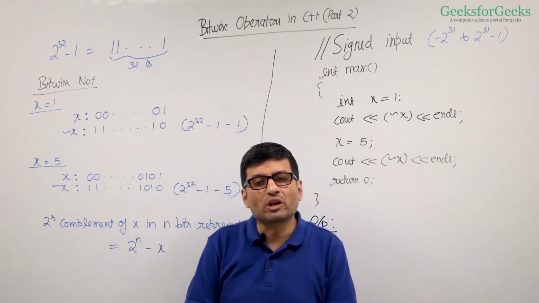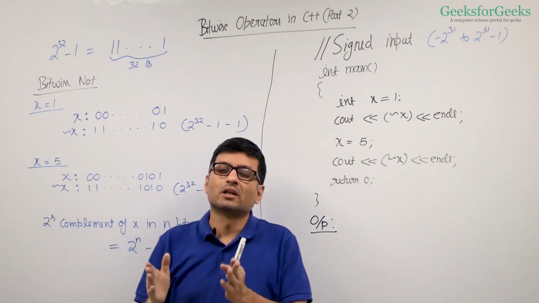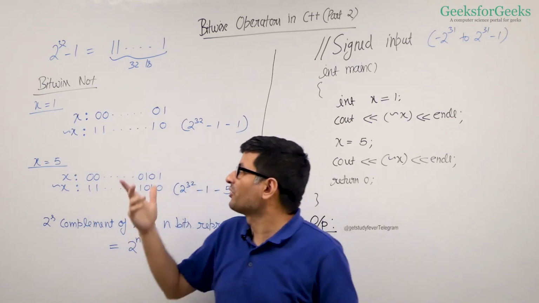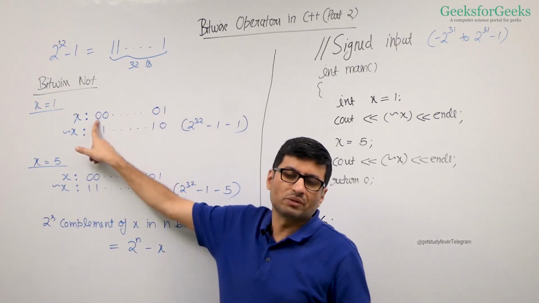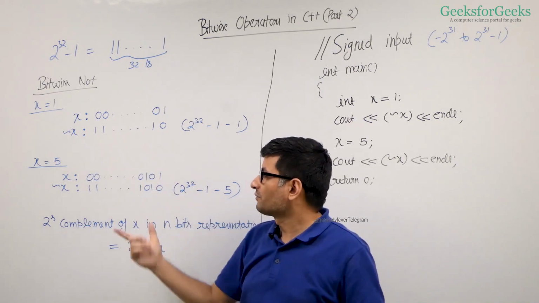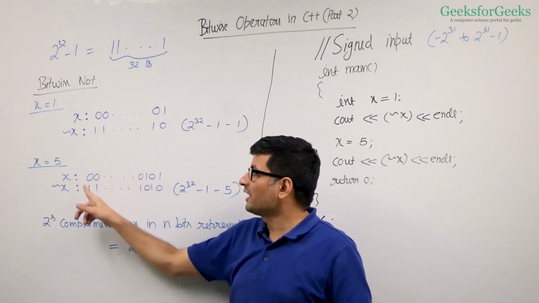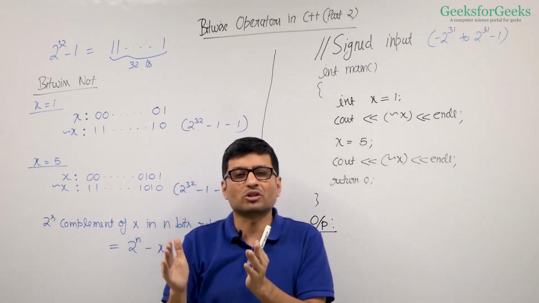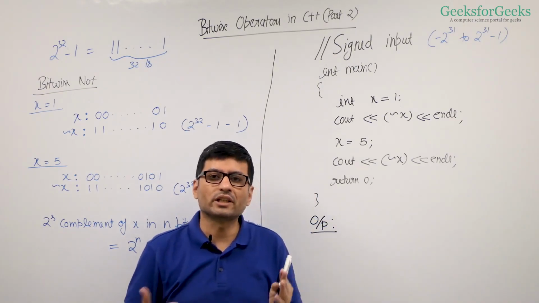So for the binary equivalent of decimal number 1, do the usual decimal to binary conversion. Whatever number you get, you put it in 31 bits and you put a 0 before it, right? For example, 5 here, its binary equivalent is this and a 0 at the leading bit. So you have 31 bits to represent positive numbers. Similarly, you have 31 bits to represent negative numbers.